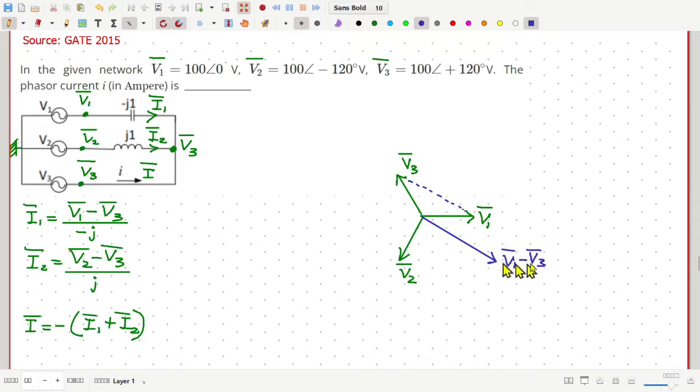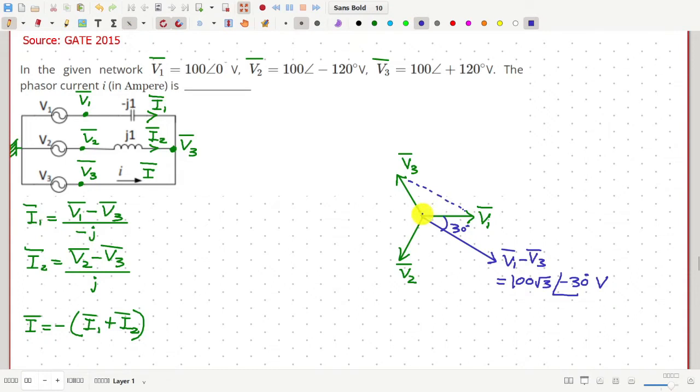The magnitude of this phasor will be root 3 times that of the phase voltage, so this is equal to 100 root 3. And this will be at an angle of 30 degrees from V1, so this is at minus 30 degrees, in volt. Then we have to divide this by minus J to get I1.